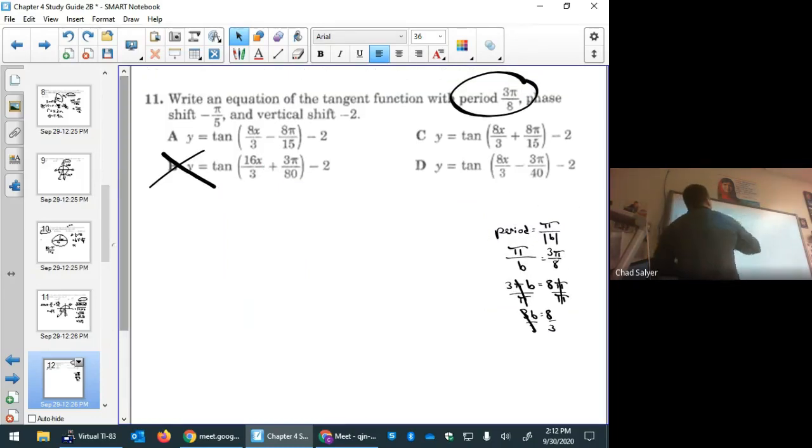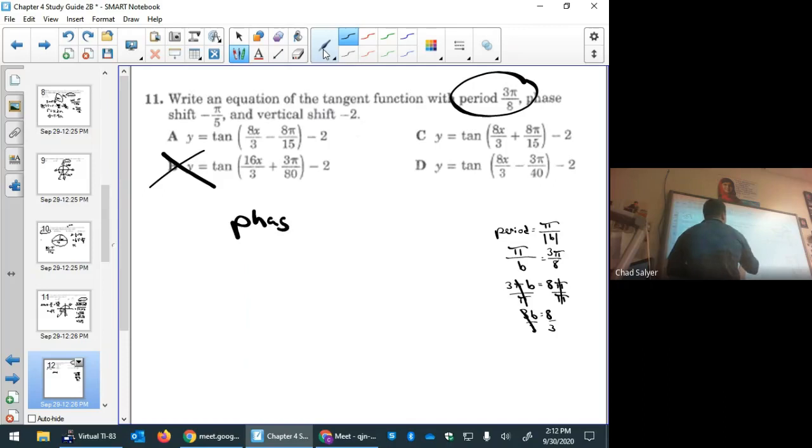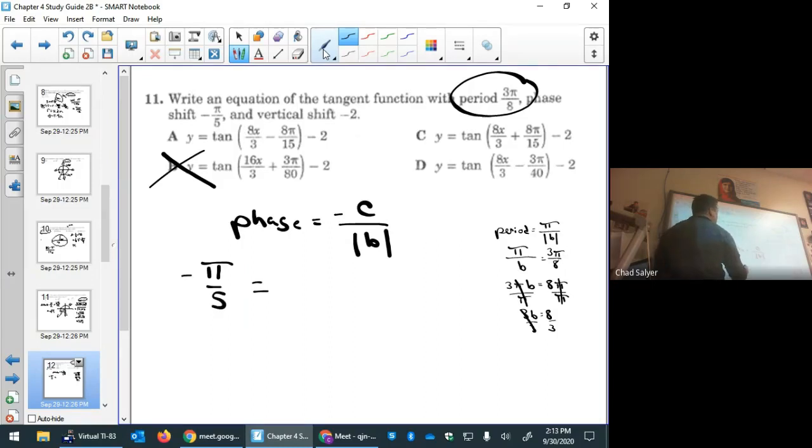Next it says phase shift negative pi over 5. Well, remember that the phase shift is going to be negative c over the absolute value of b. We already know b is 8/3. So that means negative pi over 5 is going to equal negative c over 8/3.